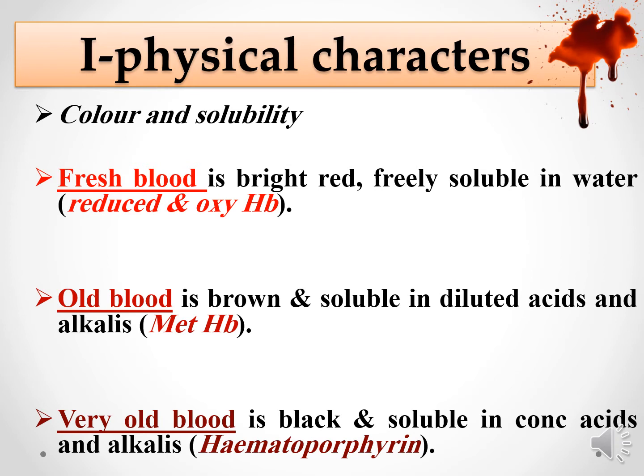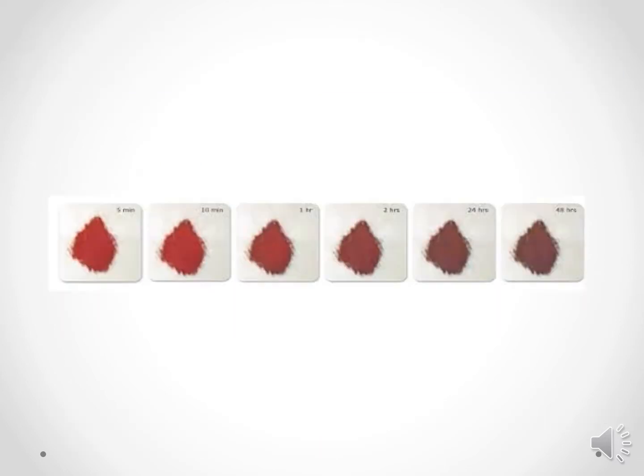Old blood becomes brown, soluble in diluted acids and alkalis. Finally, very old blood is black, soluble in concentrated acids and alkalis. This picture demonstrates the change in blood according to the time passed over the stain.